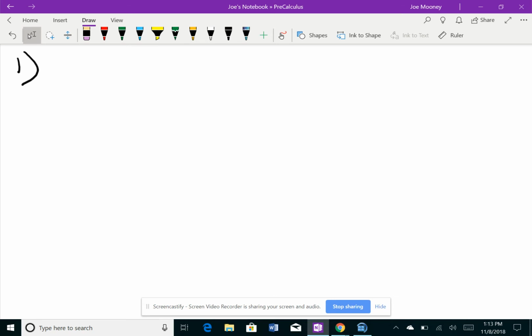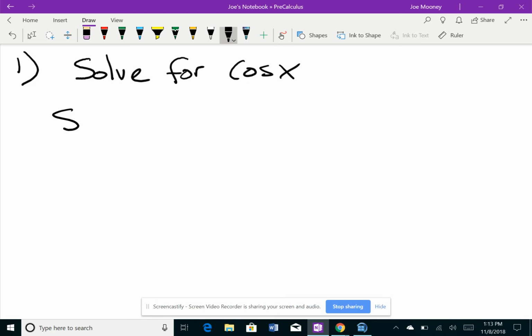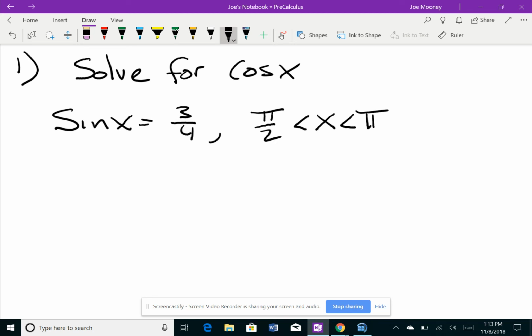If I told you to solve for cosine of x, if sine of x is equal to 3/4 and x is greater than pi over 2 but less than pi.